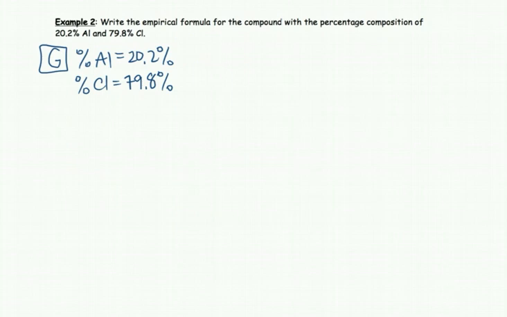From there, we're just going to again assume we have a 100-gram sample of this aluminum chlorine compound, and we're going to convert these percentages to mass.